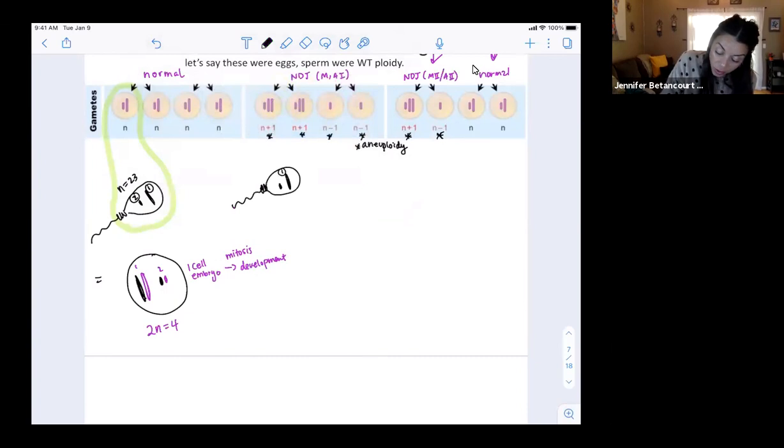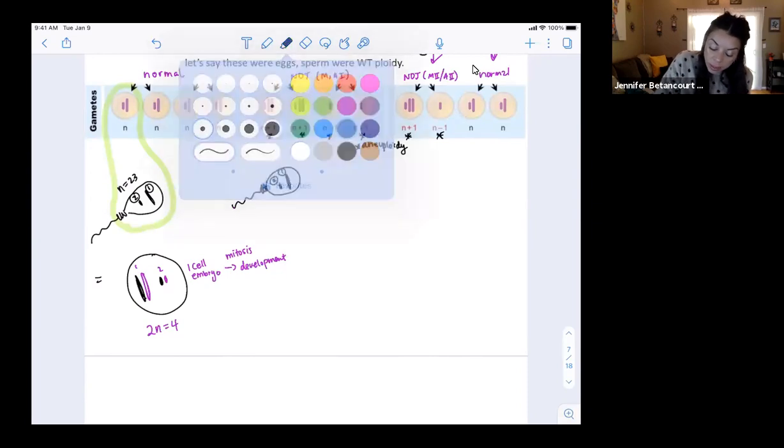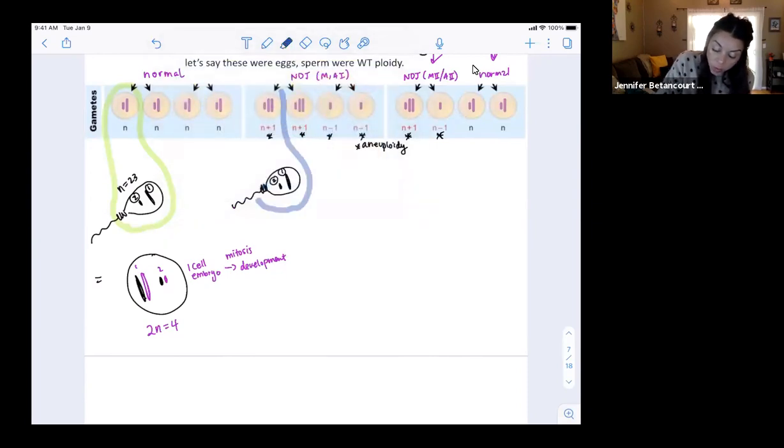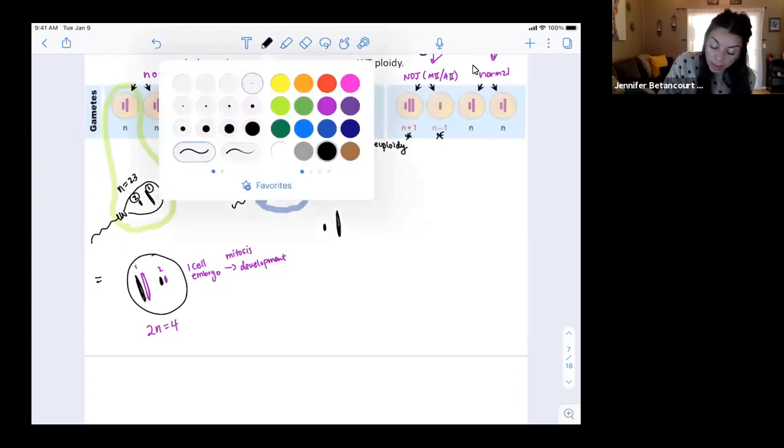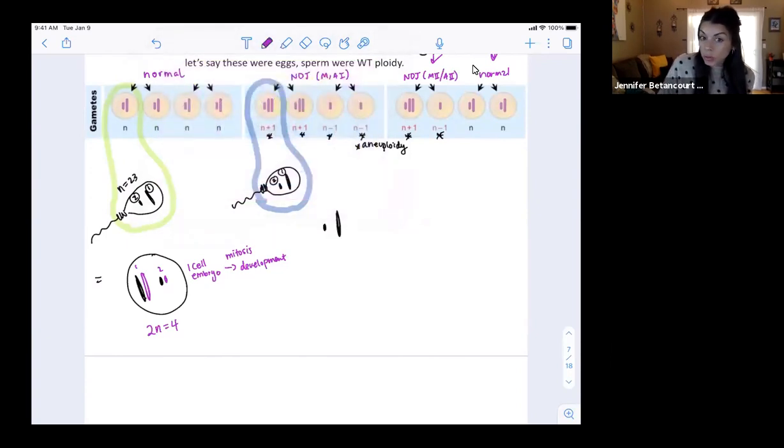Okay. Chromosome 1 and chromosome 2. Now, if you had, for example, this sperm fertilized this egg, what would be the product? The product, you'd have your chromosomes from the sperm, and you'd have the chromosomes from the egg. Okay. So here's your 1 cell embryo.